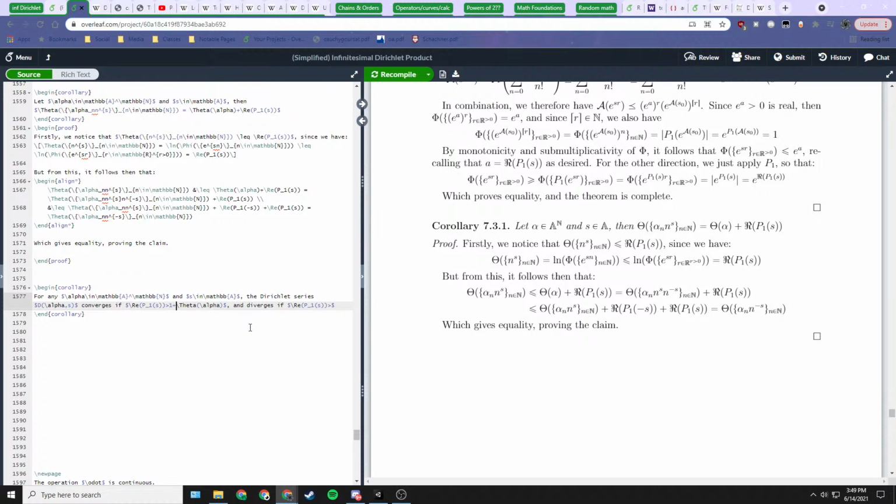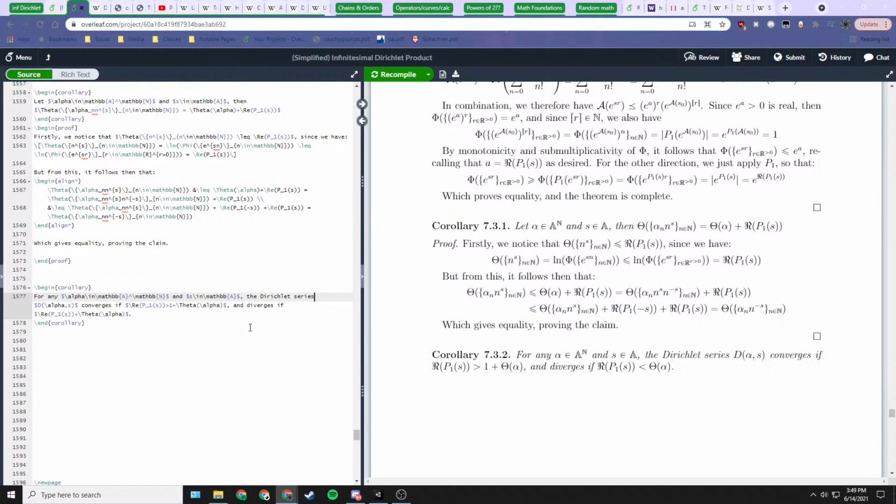Yes, because it'll be theta alpha minus real part P1 of S being less than minus 1. Yeah. It diverges if it's less than theta alpha. Okay.